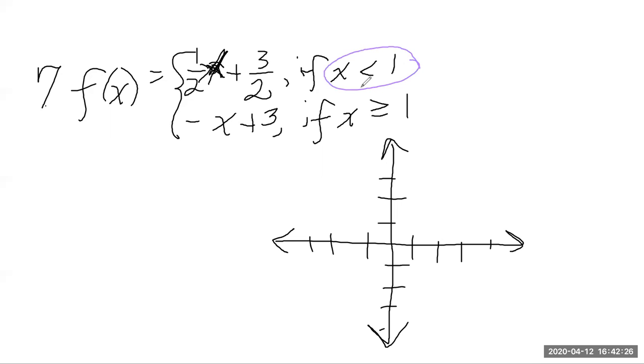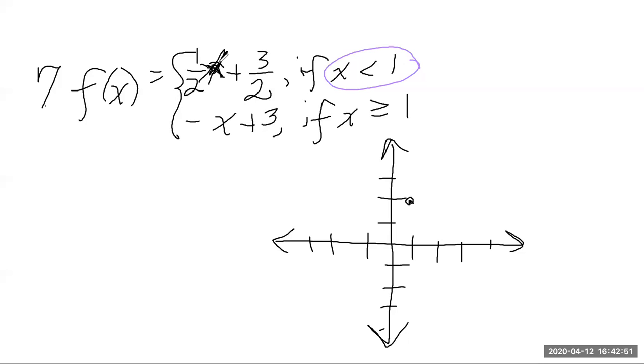That will give you the endpoint of that line. So if we plug in x equals 1, we get 1/2 times 1 plus 3/2 is 2. So this point up here would be at 1, 2.